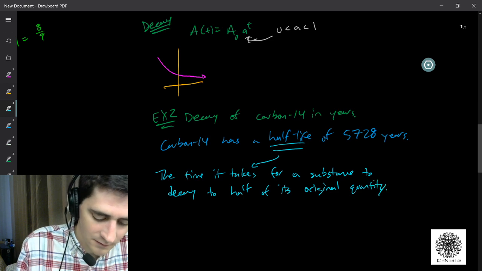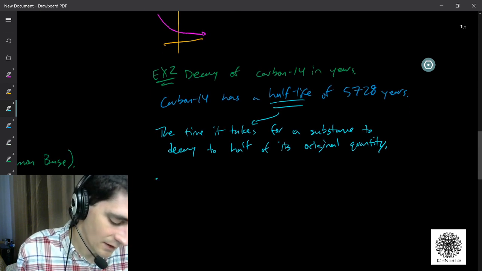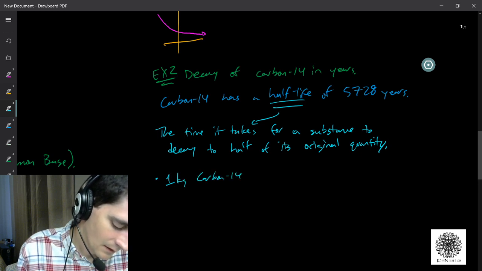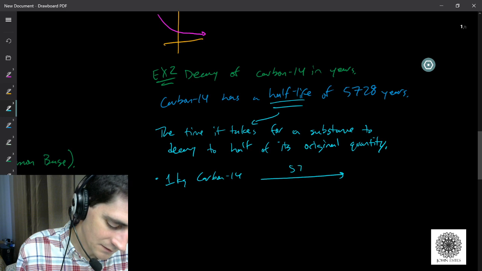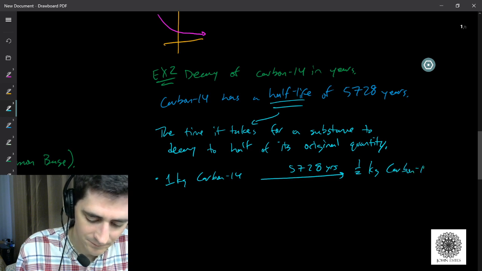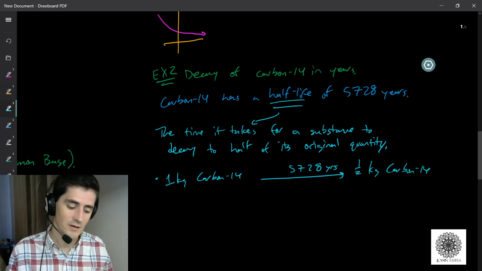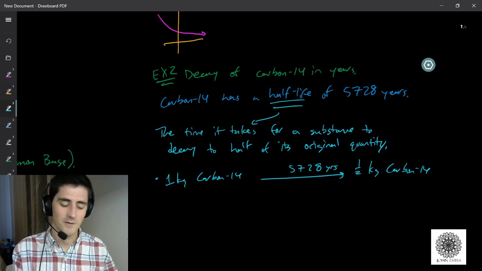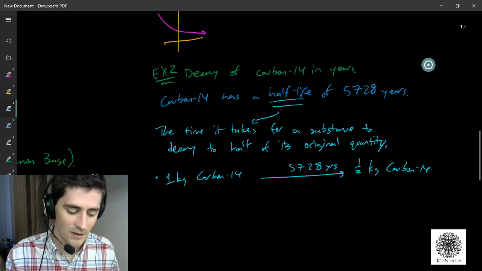All right, so with carbon-14, what we're saying is you have 1 kilogram of carbon-14, and then after 5,728 years, you now have 1/2 kilogram of carbon-14. So after 5,728 years, your 1 kilogram is now half a kilogram. And that's the idea behind this.